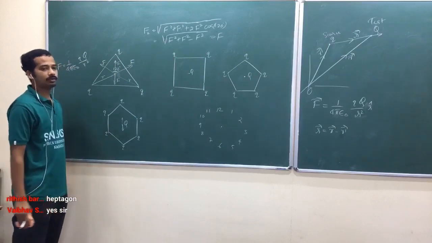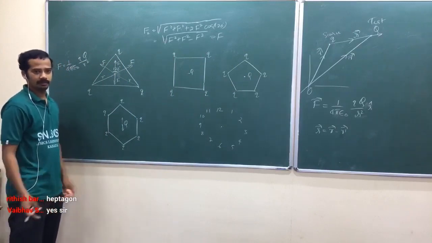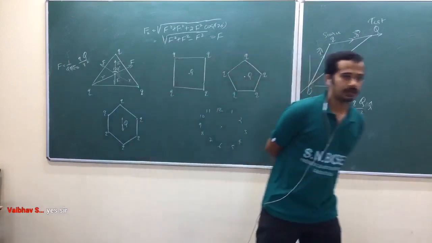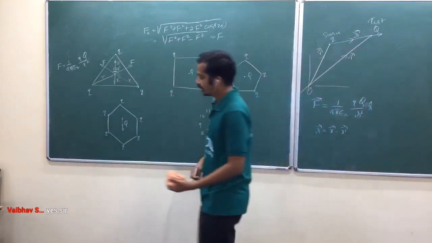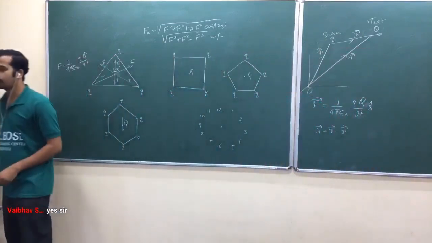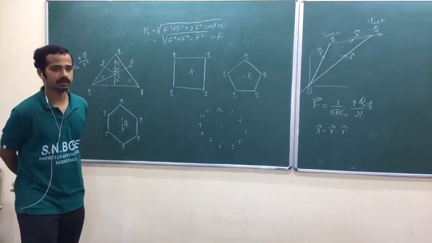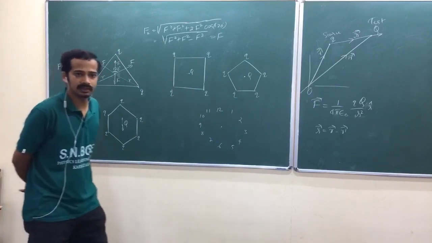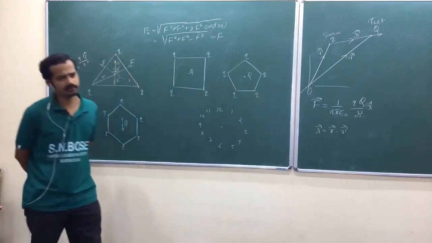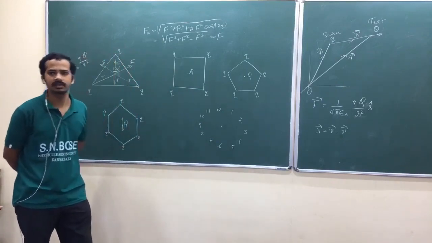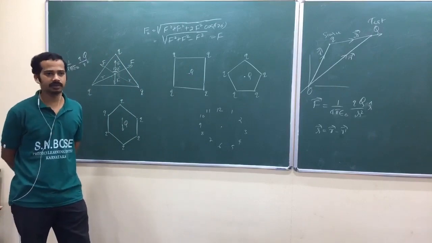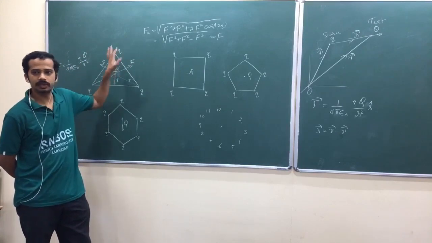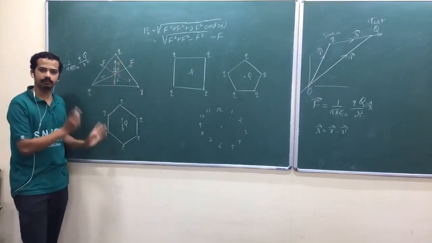Okay? Not that easy. But for any regular polygon, if you are placing same type of charge at each vertices, so the net force on the test charge placed at the center, or net force on any charge placed at the center, is 0. So whatever may be the nature of the charge, both of them may be negative, this may be negative, this may be positive, whatever, forces will get cancelled.